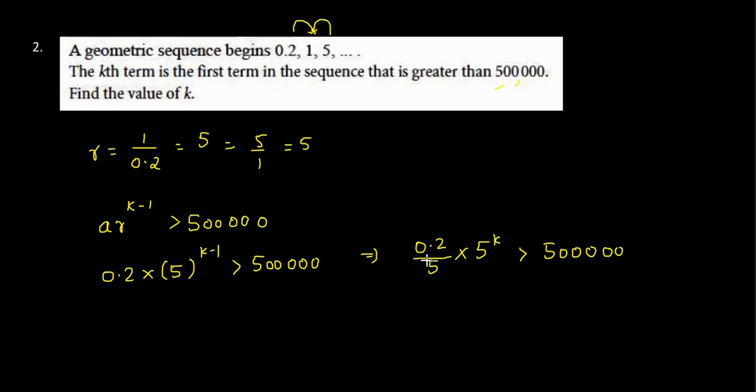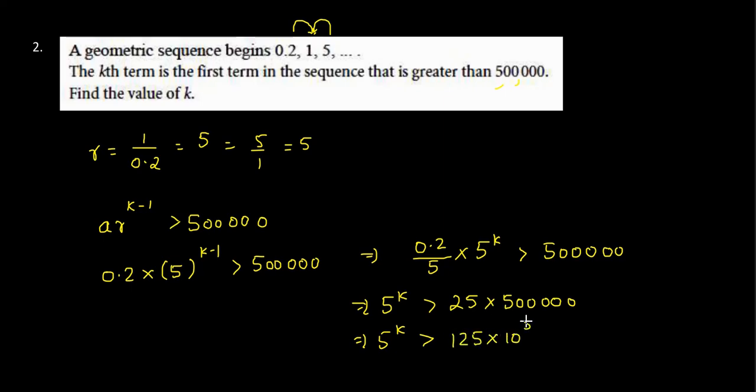Now 0.2 divided by 5 is 1 over 25. So 5 raised to power k is greater than 25 times 500,000, that is 25 times 5 is 125, times 10 raised to power 5.